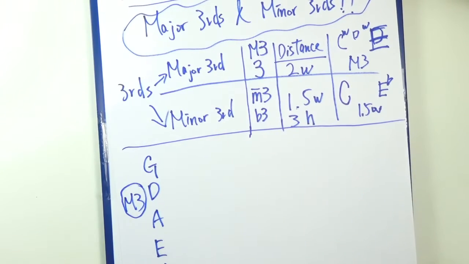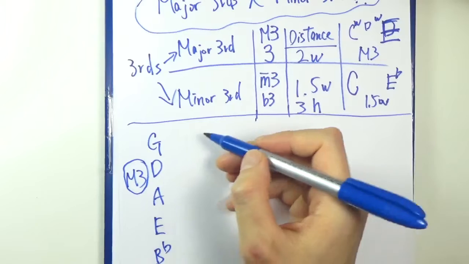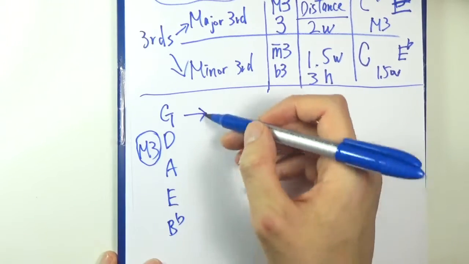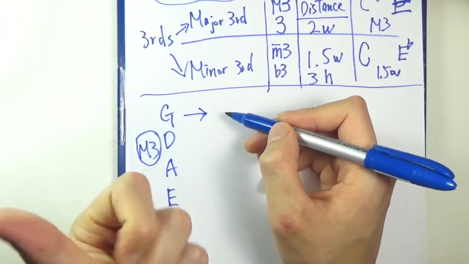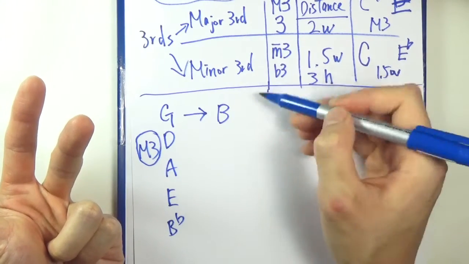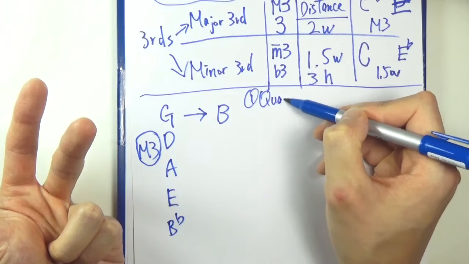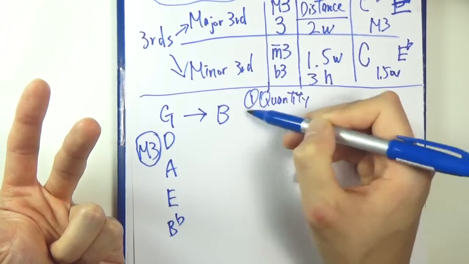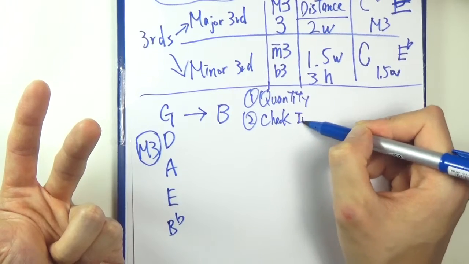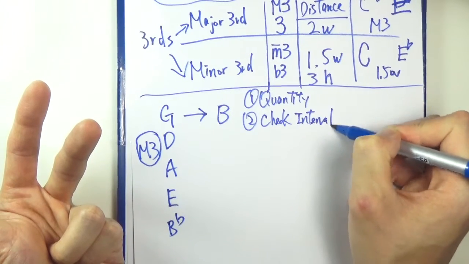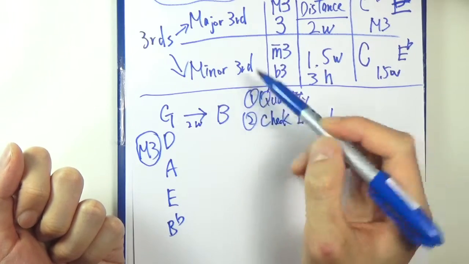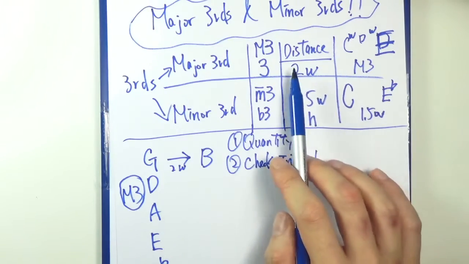Okay, G. You have a pretty solid procedure here that you can follow. Obtain the quantity first, so G, A, B. That's your first step. Then check the interval. Quantity first, then check for interval. This is two whole steps, so we should be good because a major third requires a two whole step distance.